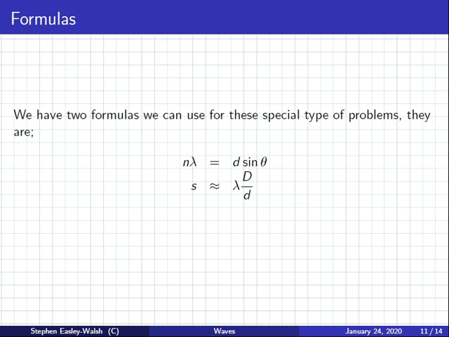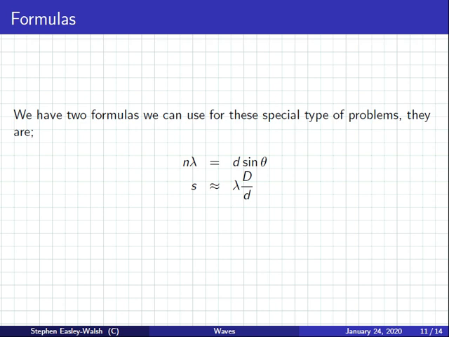Guys, if I want to write this formula in terms of frequency of light, what would I replace the lambda by? C over F. Yeah. And if it was sound, it would be V over F, the speed of sound over F.